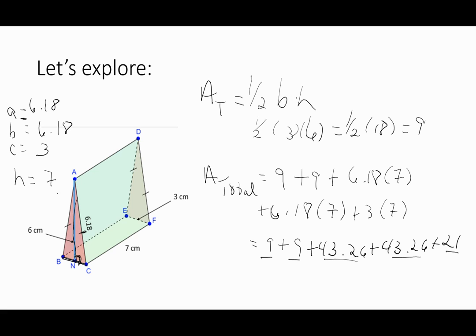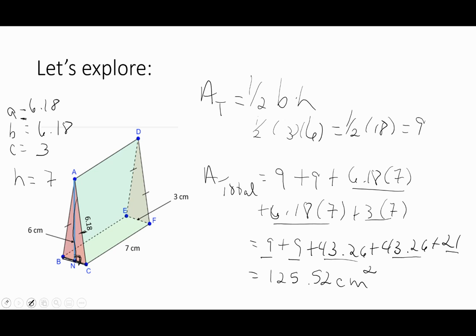List the sides, multiply them by the height. Side A, B, and C, and our total comes to 125.52 centimeters squared, because we're just doing area.